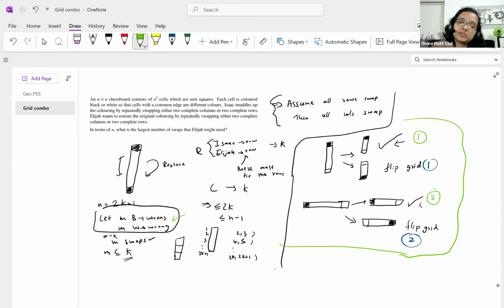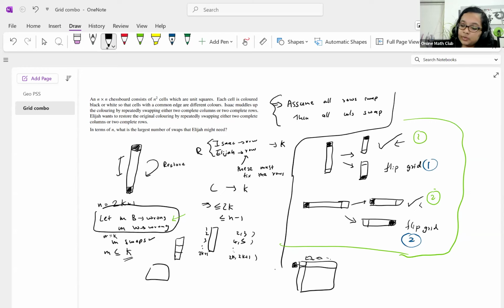No, okay. But what happens in the first case is that after the grid gets flipped, everything is reversed, right? So if you started with black over here, now it's white here. And now he's only swapping the columns. So you need to get a black column here, right? Instead of a white one. So that just means that the entire thing has to flip again.